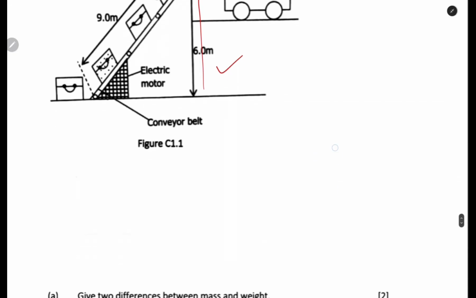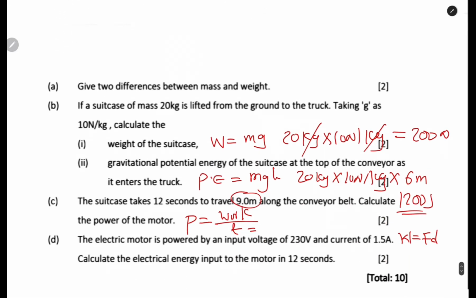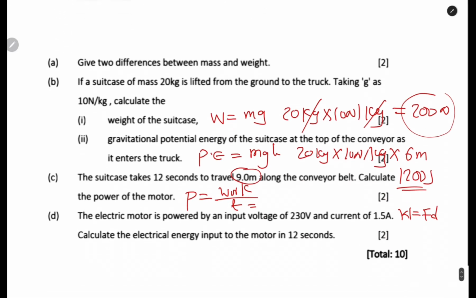Our force is the weight of the suitcase, which we found here, 200 newtons. So 200 newton multiplied by 9 gives 1800 joule. Now 1800 joule divided by 12, the time, which we are told is 12 seconds. This is going to give us 150 watts.